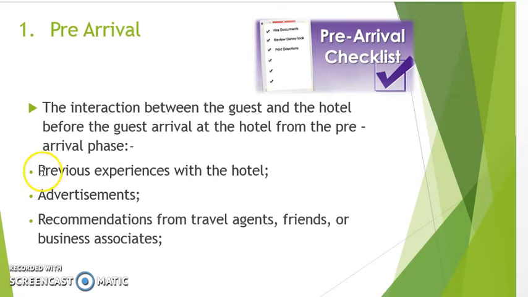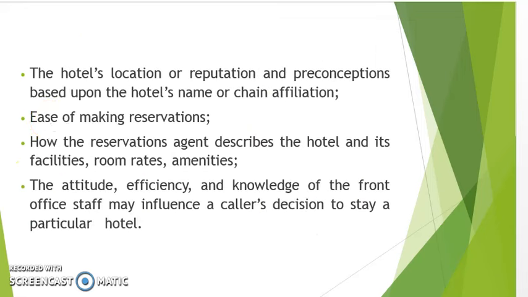We can have a previous experience with the hotel, advertisements of the hotel, recommendations from travel agents, friends or business associates, the hotel location or reputation, and preconception based upon the hotel name or chain affiliation, ease of making reservations, how the reservations agent describes the hotel and its facilities, room rates and amenities. The attitude, efficiency and knowledge of the front office staff may influence a caller's decision to stay at a particular hotel.